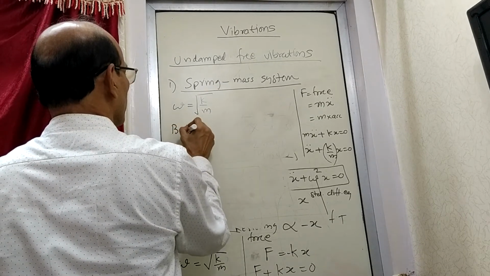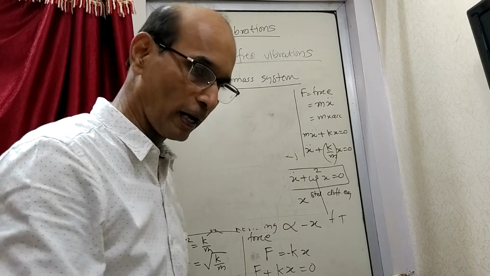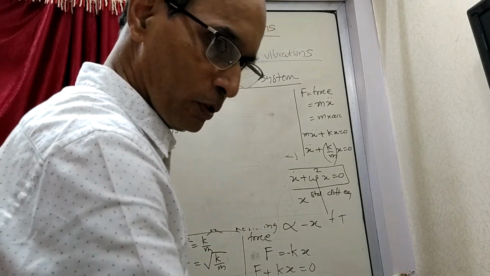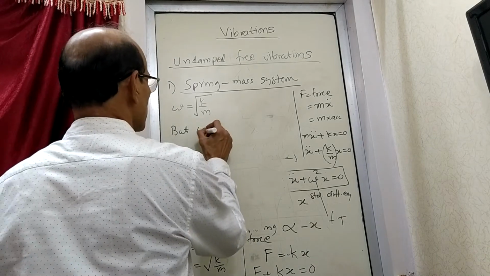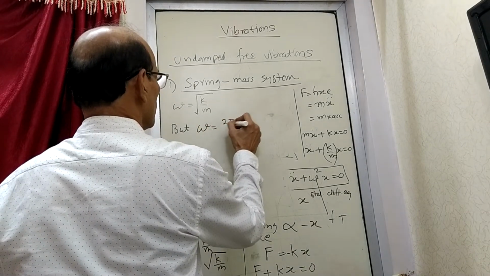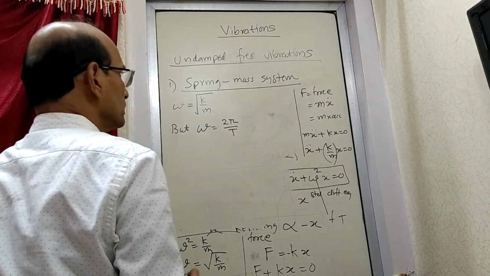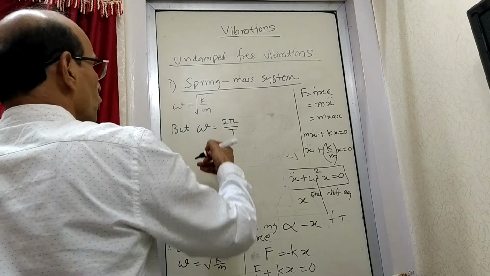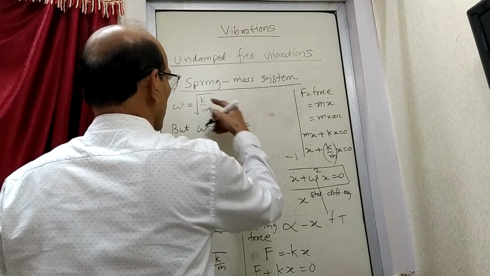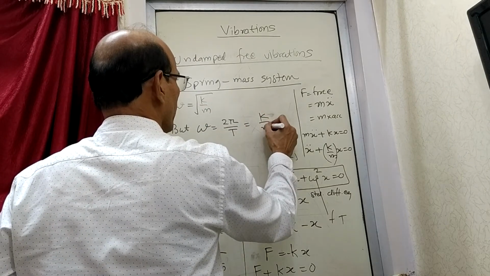But we have just now found out omega is equal to 2 pi upon T. So what we write here is omega is square root of k upon m.